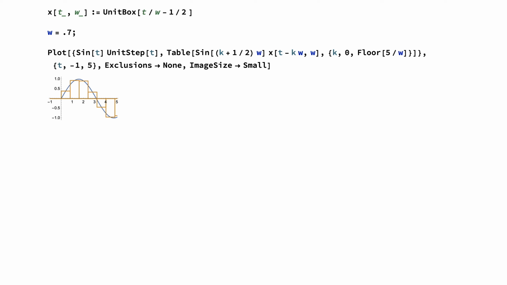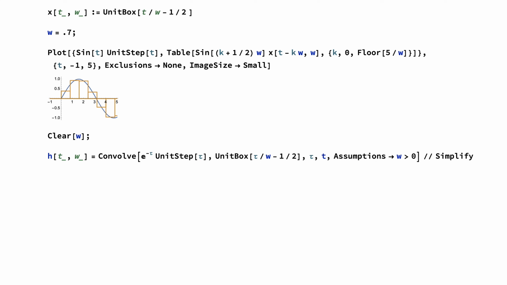Now, since the system is LTI, the output is the same summation of the output of the system to when the input is these rectangles. Using the Wolfram language, the output of each of these rectangles is the convolution of h of t, the impulse response, with these signals when the width is arbitrarily small.